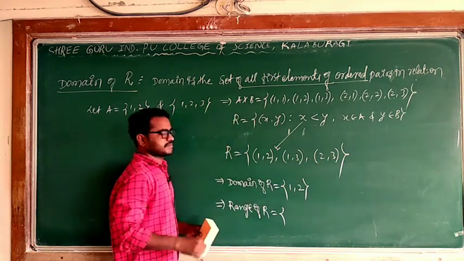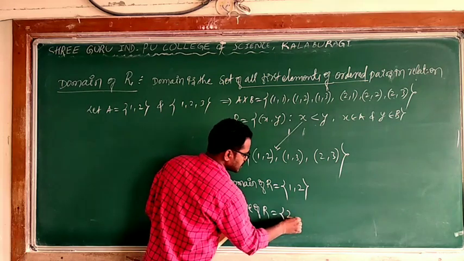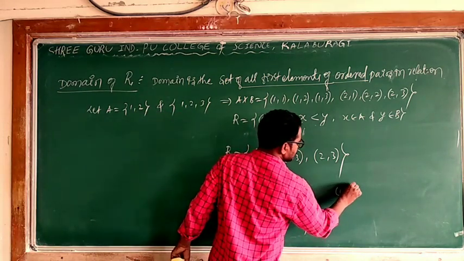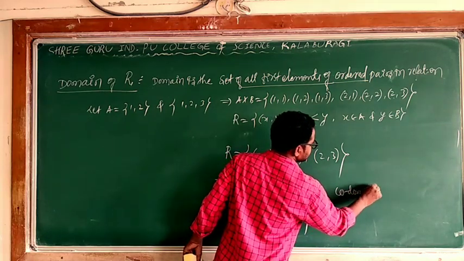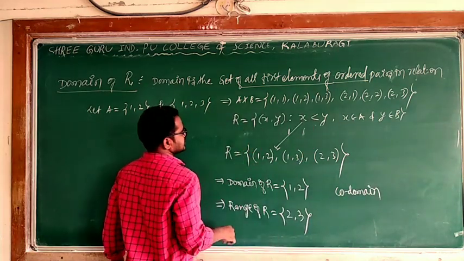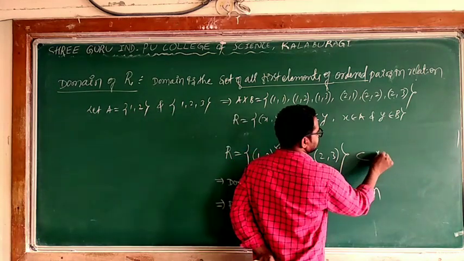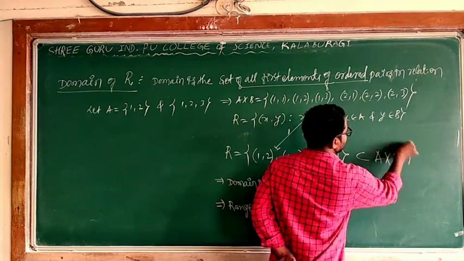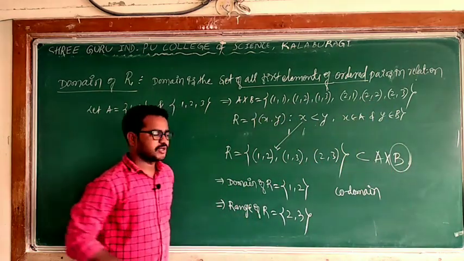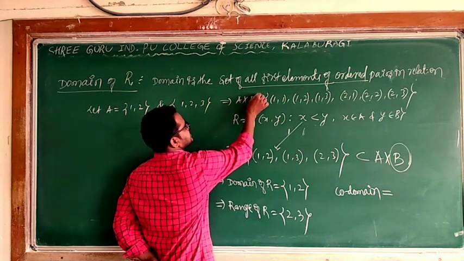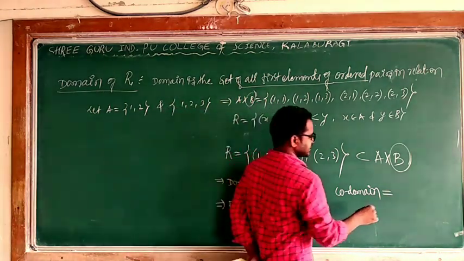What is the codomain? Since R is a subset of A cross B, the codomain is always the second set. What is the second set here? B.